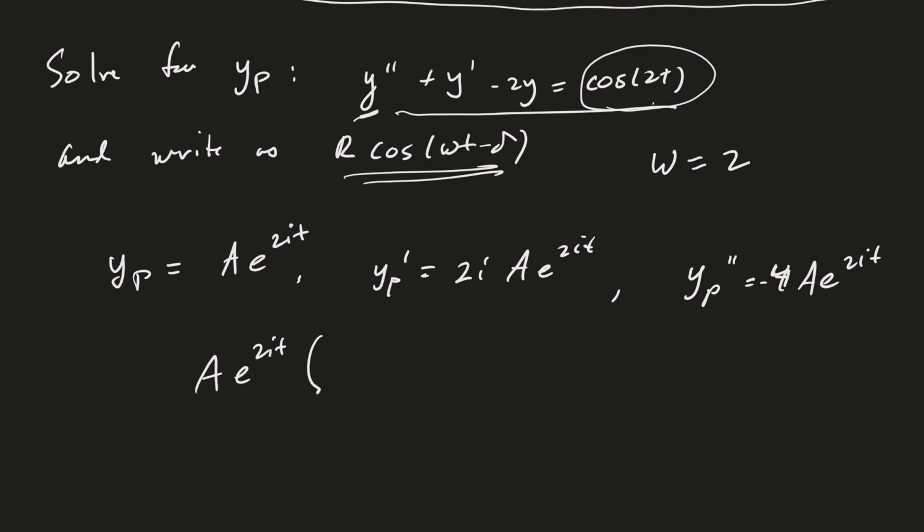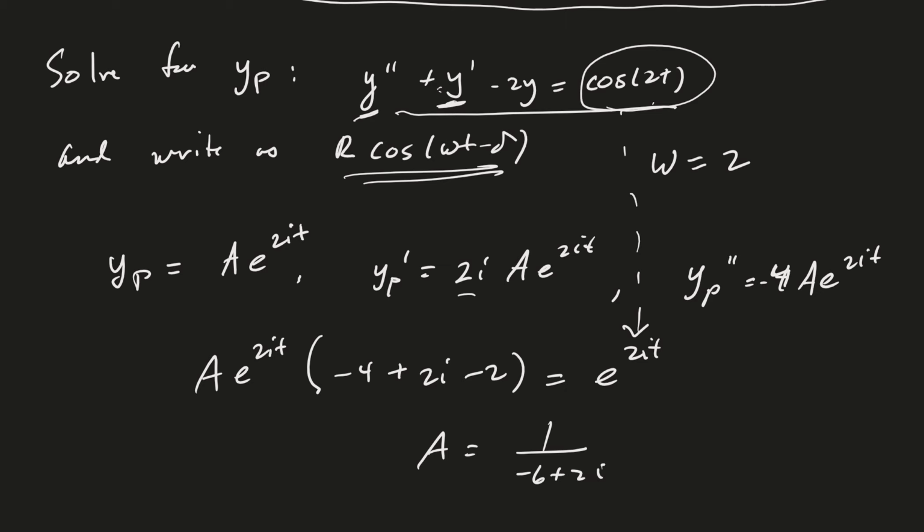For the second derivative, I'm going to have a minus 4, plus, this is just a 1 here, so that's going to be 2i, minus 2. That's equal to e to the 2it, which is what we transformed the right-hand side into. Therefore, a is equal to 1 over minus 6 plus 2i.